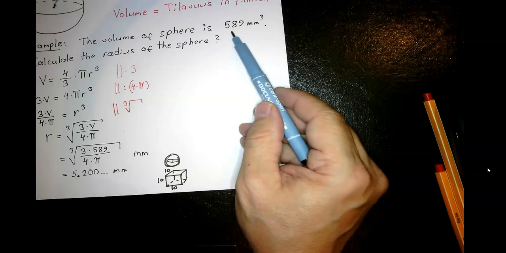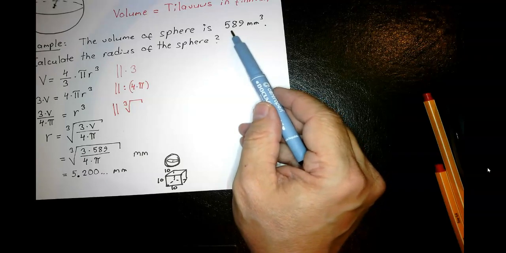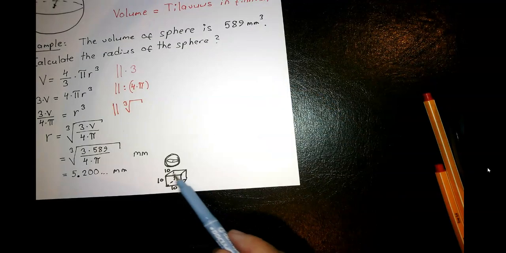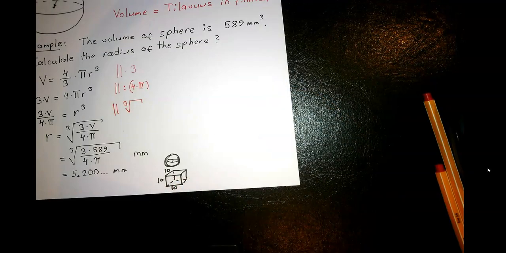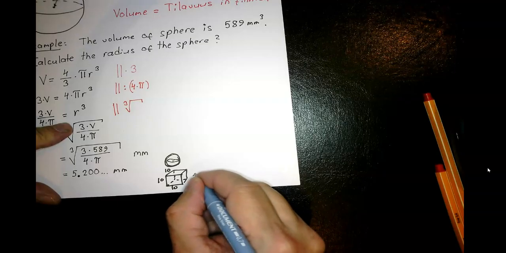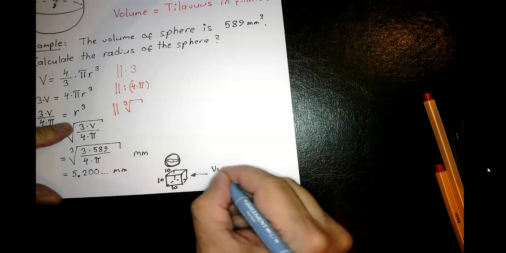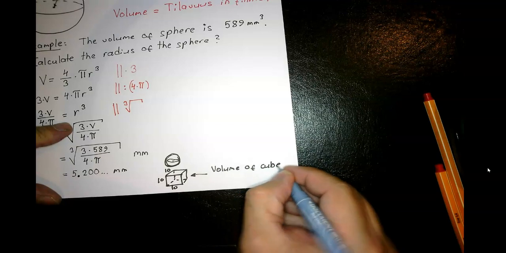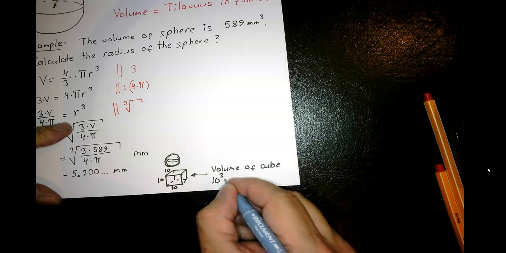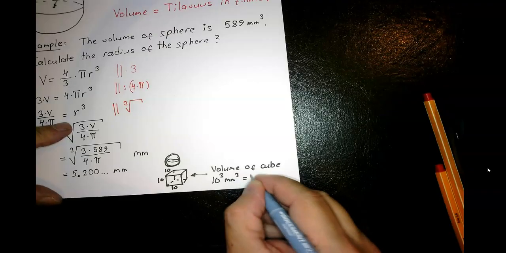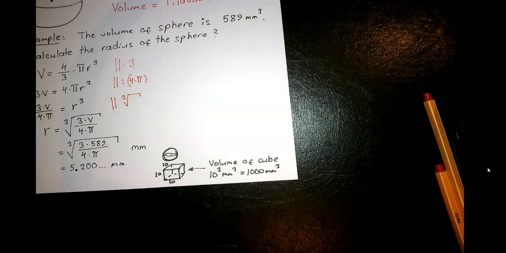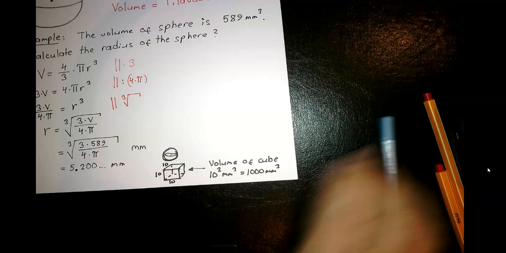This is only below 600 cubic millimeters, and this was 1000 cubic millimeters. Volume of cube is 1000 cubic millimeters.